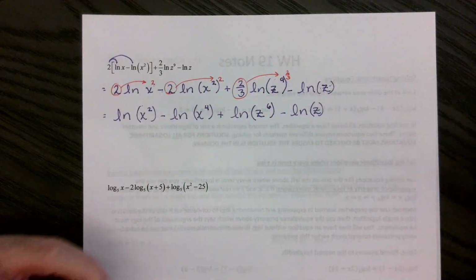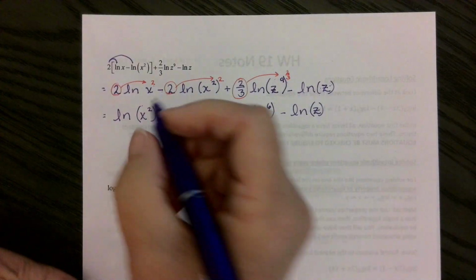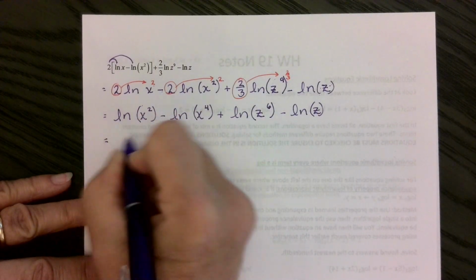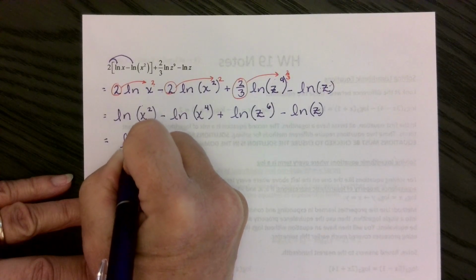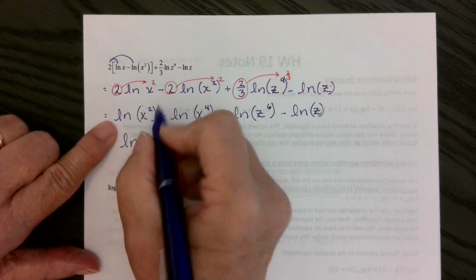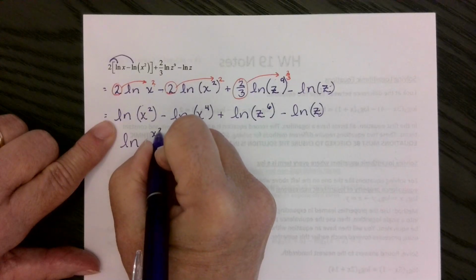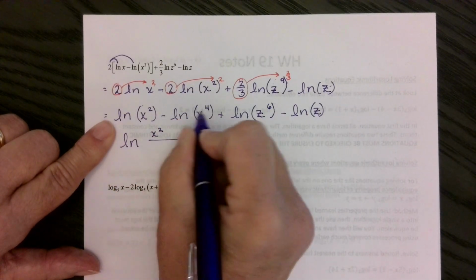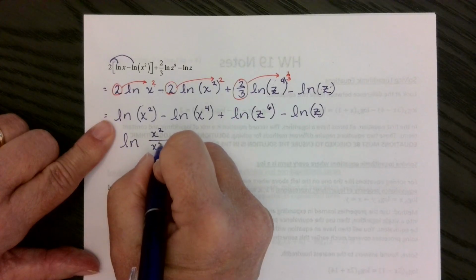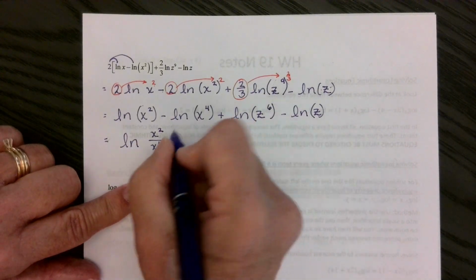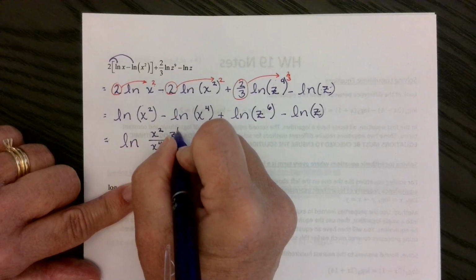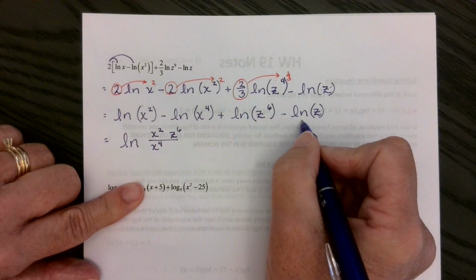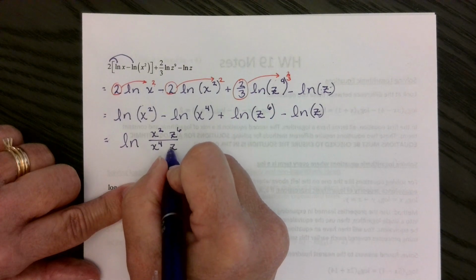Okay. Now that we do that, we can write it as a single logarithm and then simplify. So we have natural log. This is positive, it goes on the top. This is negative, it goes on the bottom. This is positive, it goes on the top. This is negative, it goes on the bottom.